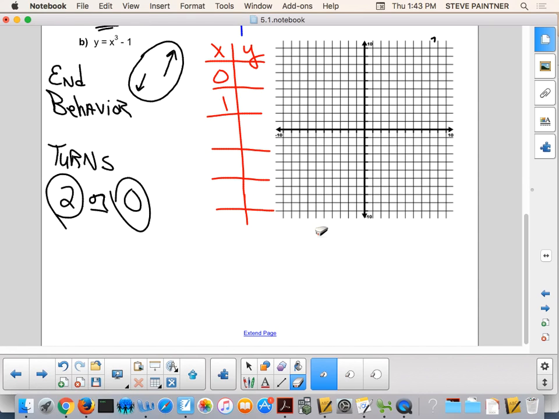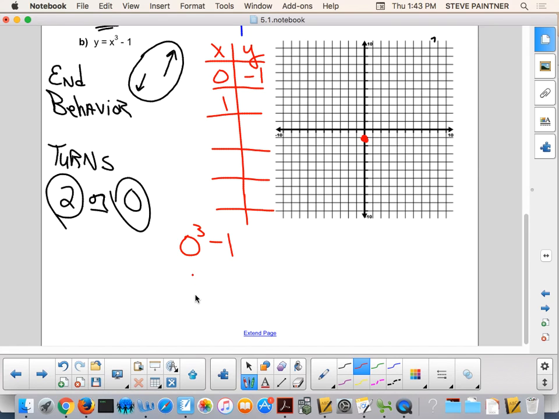So when you put in 0, it's x cubed, take away 1. Negative 1. Okay, let's put in 1. 1 cubed, take away 1. 0. Is everybody okay if I don't show my work? Now these are the two easy ones.